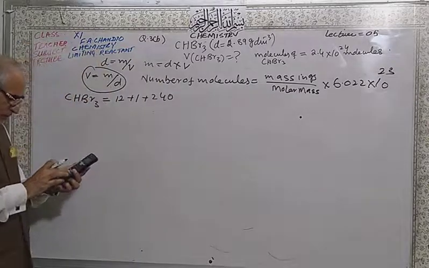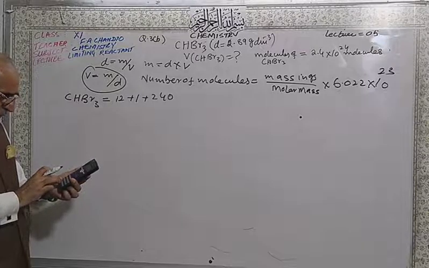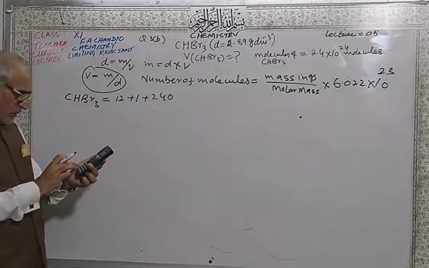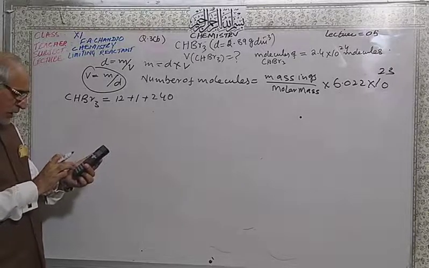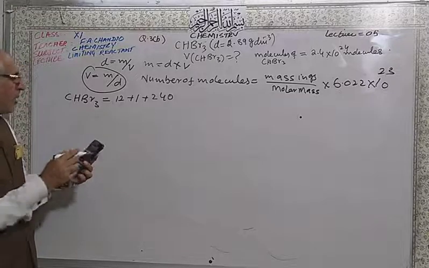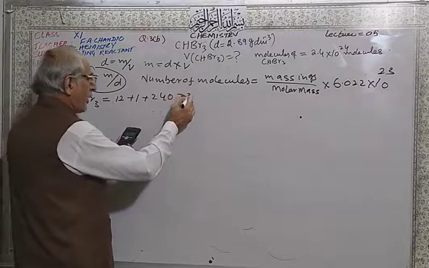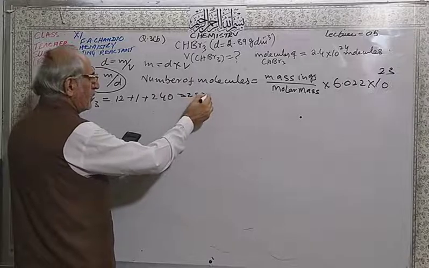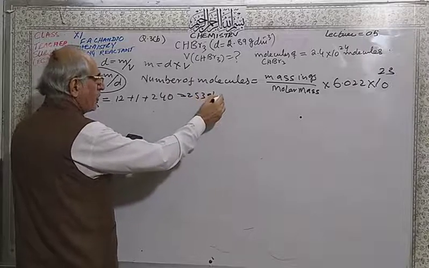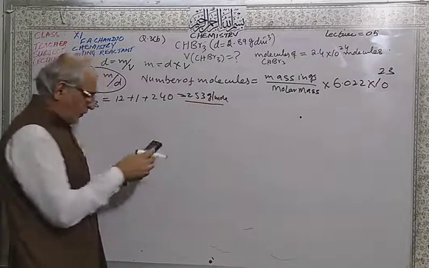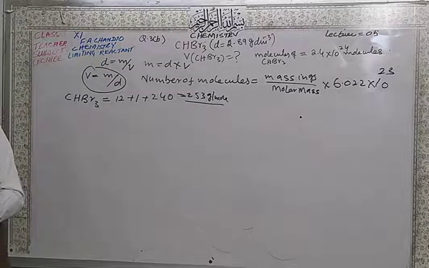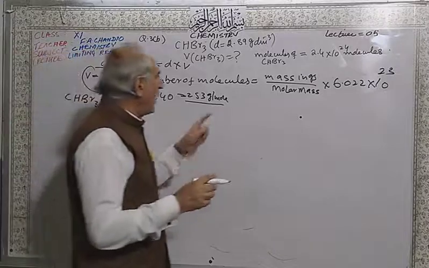So 240 plus 1 plus 12, you will get 253 grams per mole. 253 is the molar mass of tribromomethane.